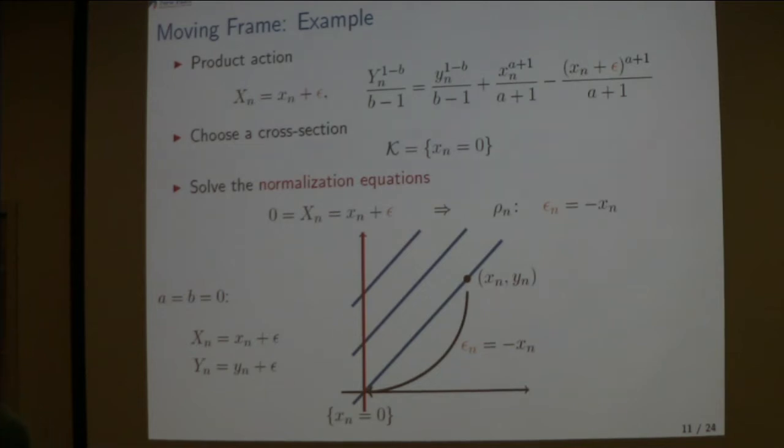Technically, it should work: if the cross section is transverse and the group is free and regular, then you have existence of the moving frame, but it doesn't mean that you'll be able to solve the equation. If you're not able to solve them, then you try to choose a different cross section.